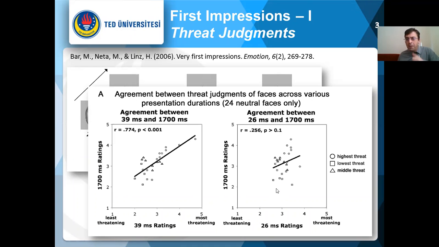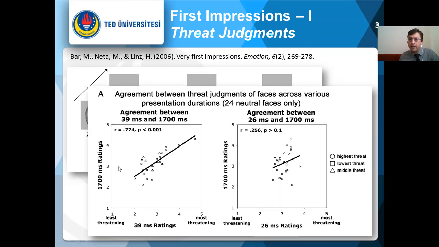As you observe, my judgments for 26 millisecond exposures are not very much correlated with my 1.7 second ratings, which means whatever judgment I make in 1,700 milliseconds is unrelated to whatever judgment I make for 26 milliseconds. That they are unrelated means that my judgments are not formed at least in 26 milliseconds. It requires more than that.